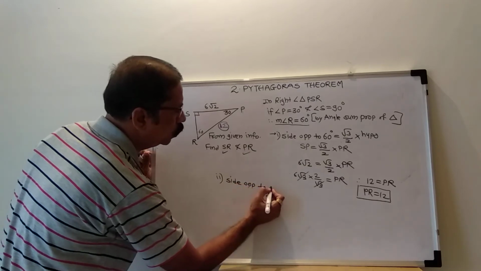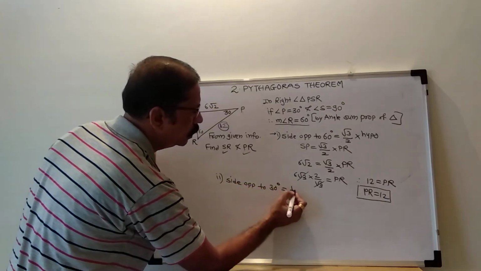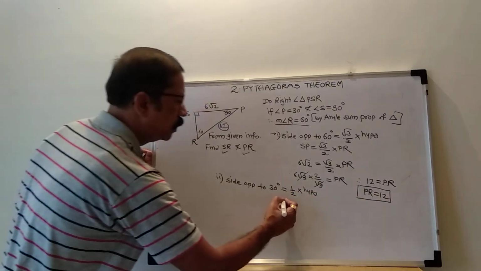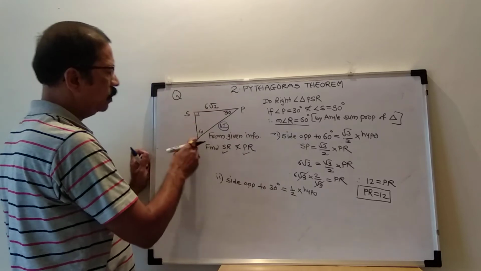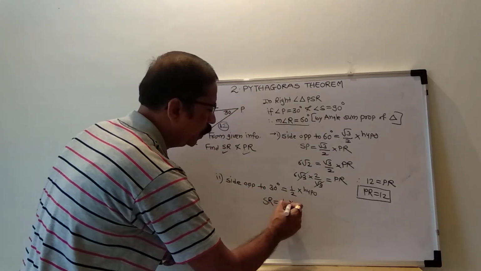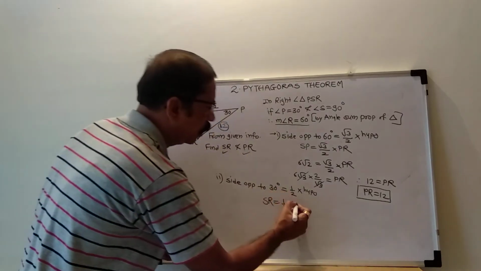Side opposite to 30 degrees is half into the hypotenuse. Side opposite to 30 degrees is SR, which is equal to half into the hypotenuse, PR.